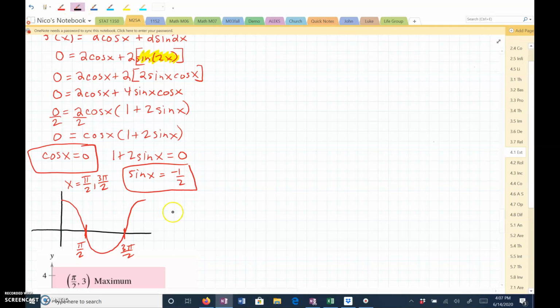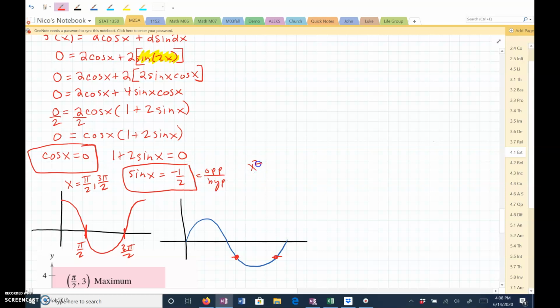Let's look at sine of x. Negative 1/2 is going to be here and there, so we have to figure out what those x values would be. Sine of x is equal to opposite over hypotenuse.